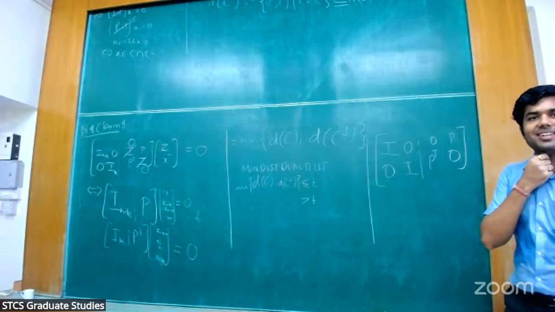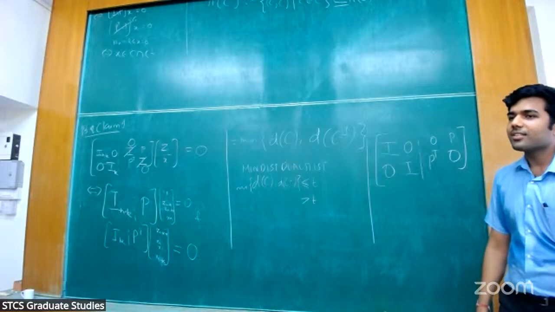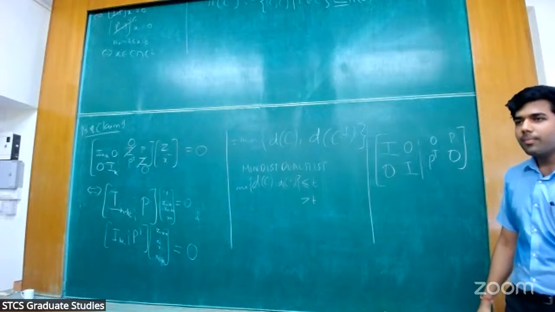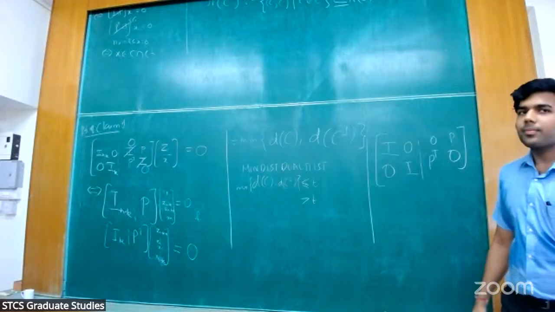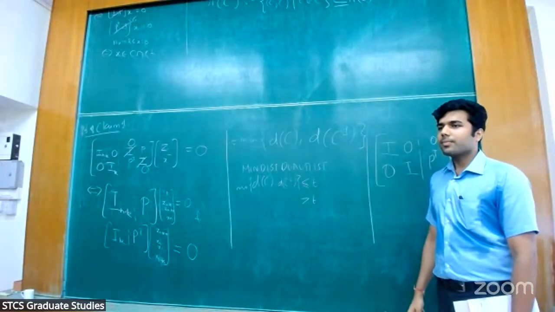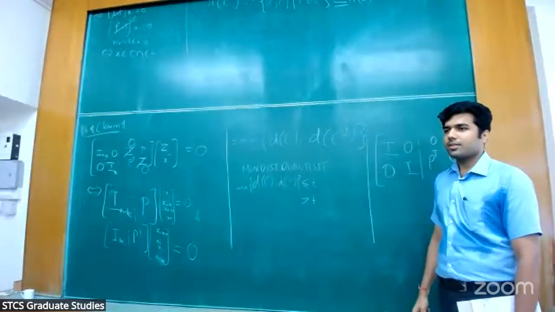So you're given a code with a parity check matrix. This statement you're claiming is that checking if the minimum of the distance of that code or the dual code is less than or equal to or greater than t is an NP hard problem. Yes. And you get it by reduction to the classical MDP.